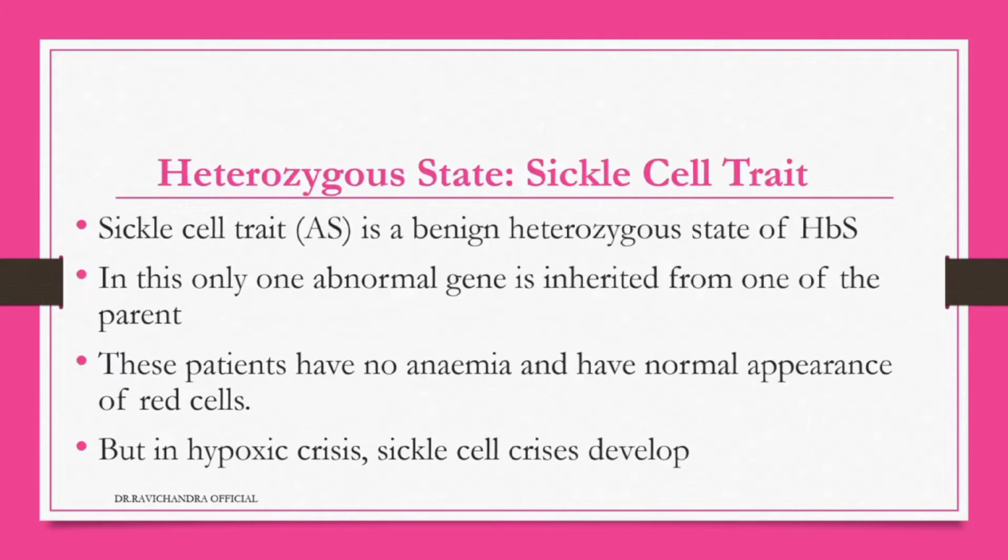Coming to sickle cell trait, heterozygous state is benign. In this, only one abnormal gene is inherited from the parent. These patients have no anemia and have normal appearance of red cells. In hypoxic crisis, sickle cell crisis will develop.